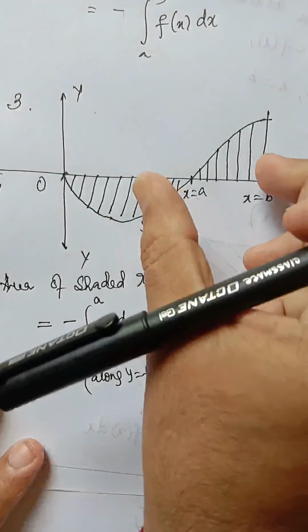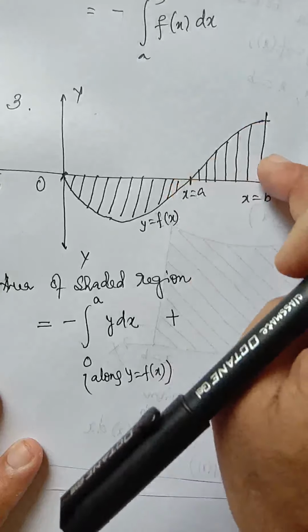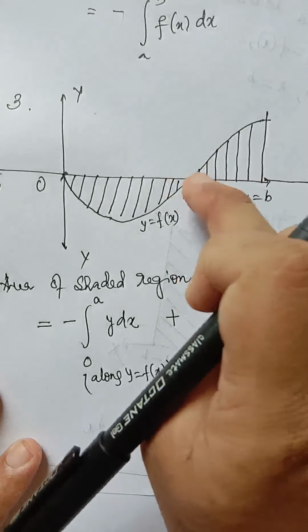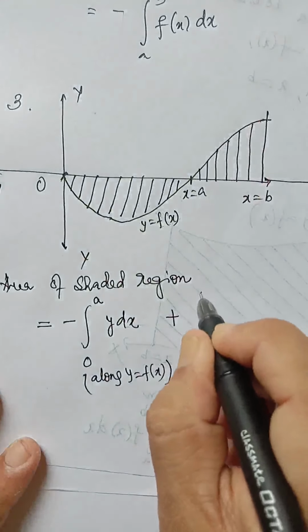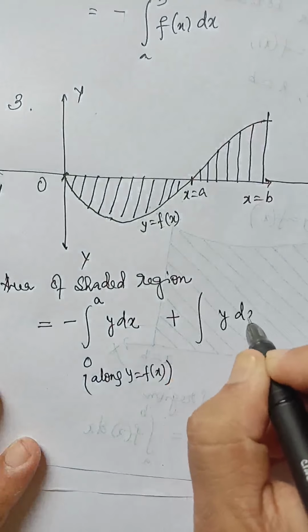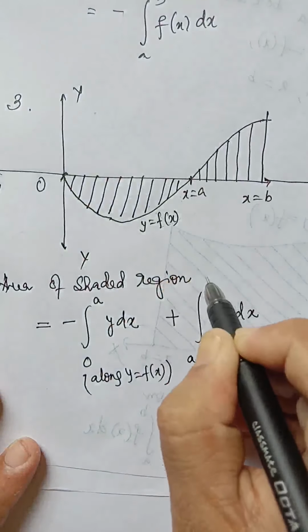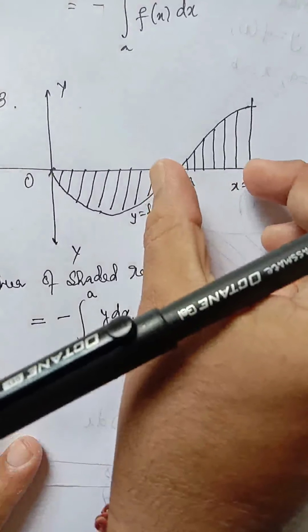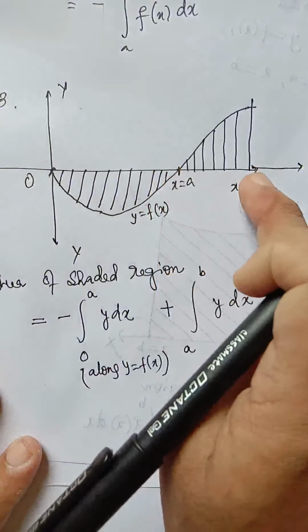Now we have to find the area of the second part. For this particular region also, you can see one of the boundaries is the x-axis. So the area will be y dx from a to b. X-axis is the boundary, so dx into y, that is y dx from a to b.